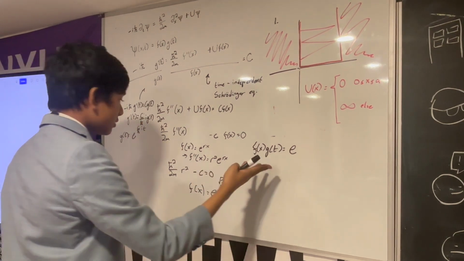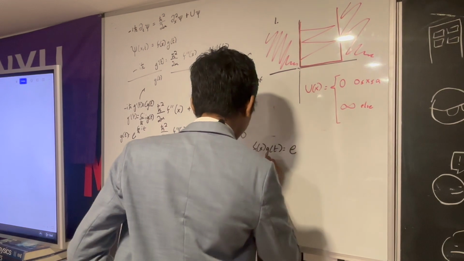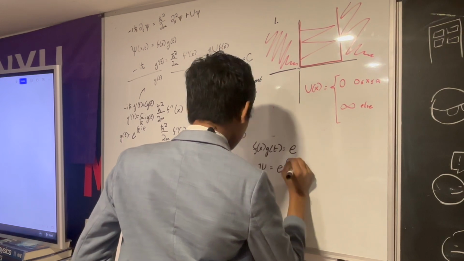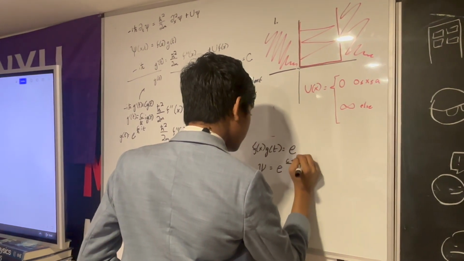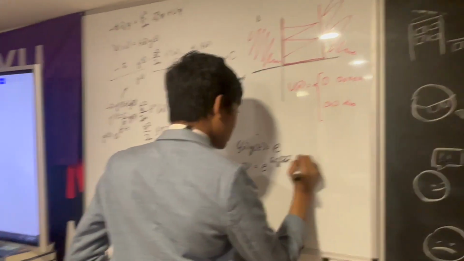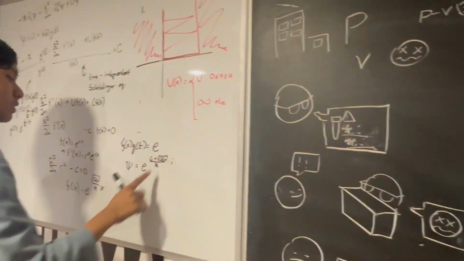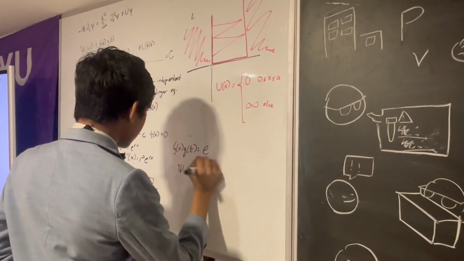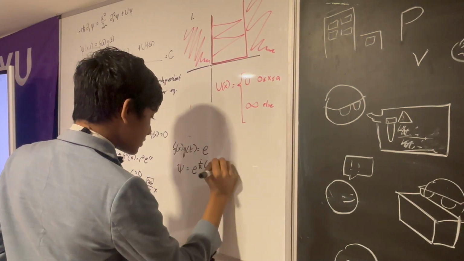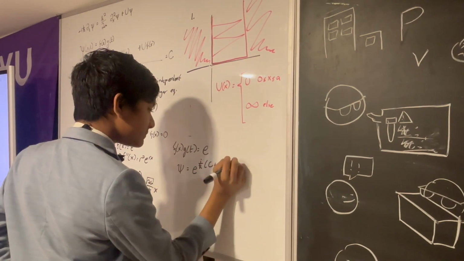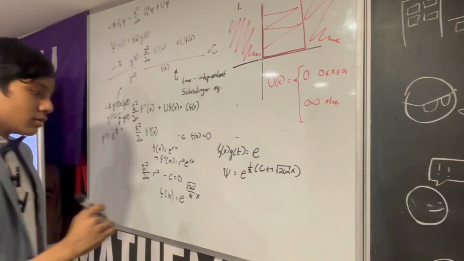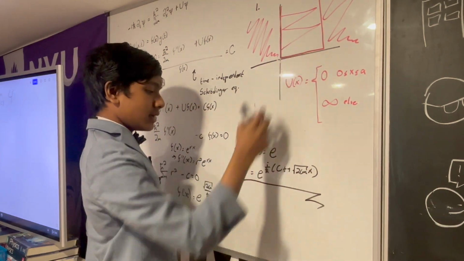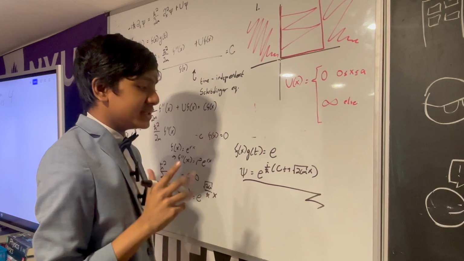Which means that here we have the wave function is equal to e to the i over h bar times ct plus the square root of 2cm x. There we go, that works. So this is our wave function over this interval, and outside this interval, it's going to be 0.